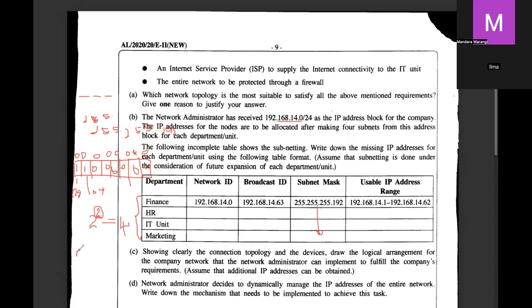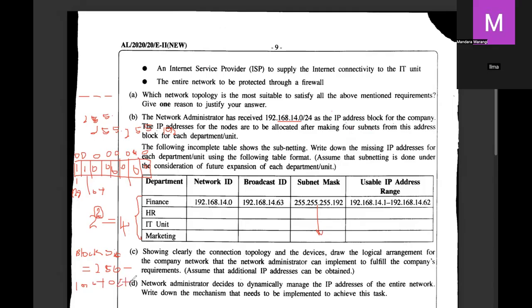Block size equals 256 minus the last octet of the subnet mask.